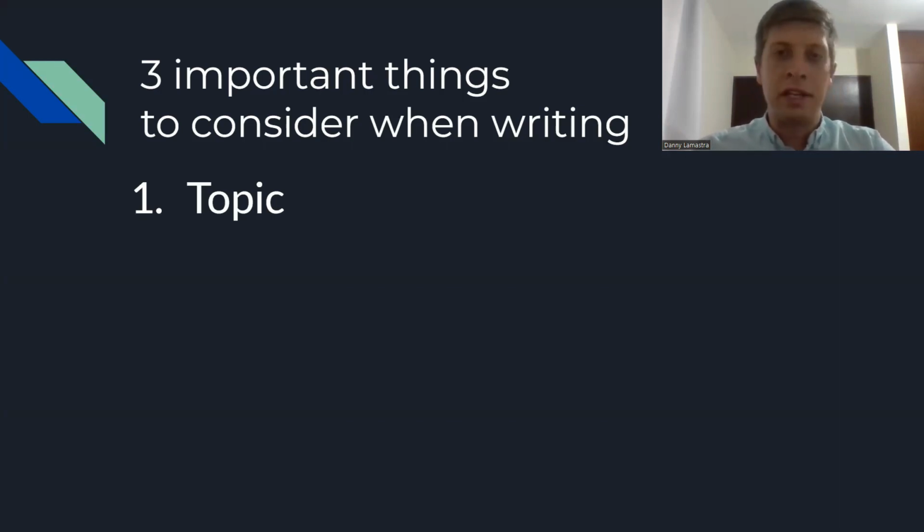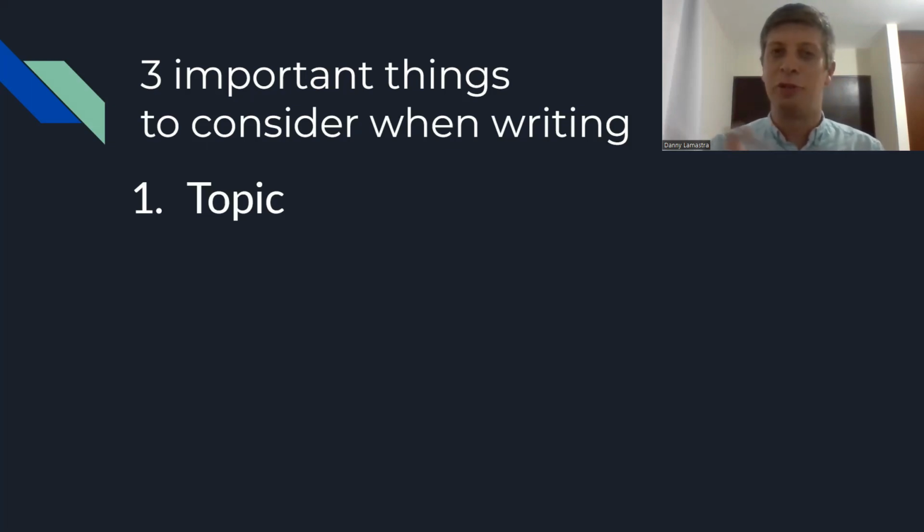As I'm reading people's essays and research papers, it is not entirely uncommon to see pieces of writing where the topic just kind of jumps all over the place. It is important that when you're sitting down to write something, you are laser-focused on whatever your topic is, that you're not straying from it, that you're not going off course. And generally speaking, a more narrow topic is better than a broader topic.